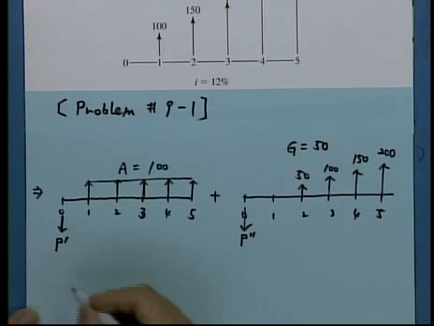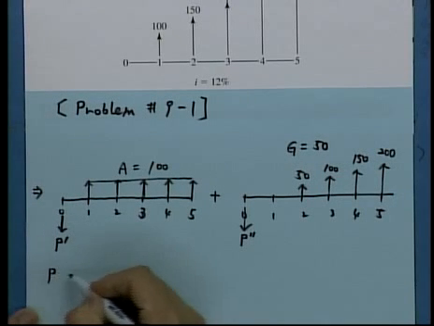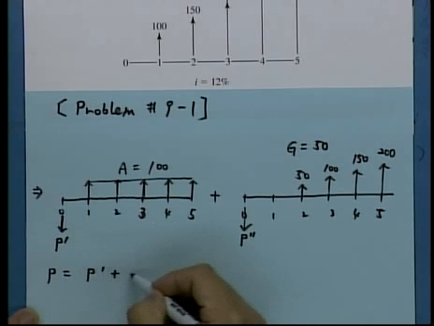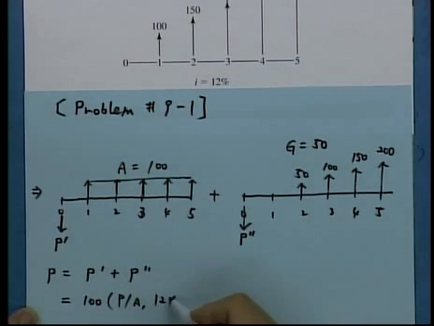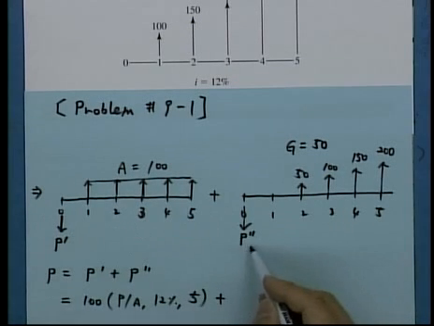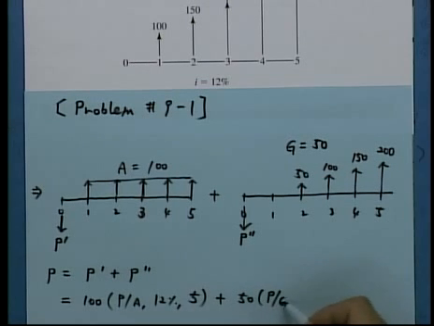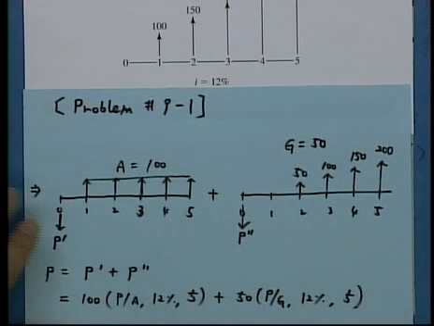So here P equals P prime plus P double prime. How do you get P prime? It's going to be 100 times P given A, 12% interest rate over 5 periods, plus P double prime, which is 50 times P given G, 12% over 5 periods. Okay?